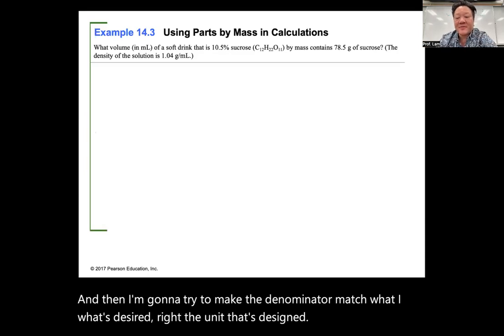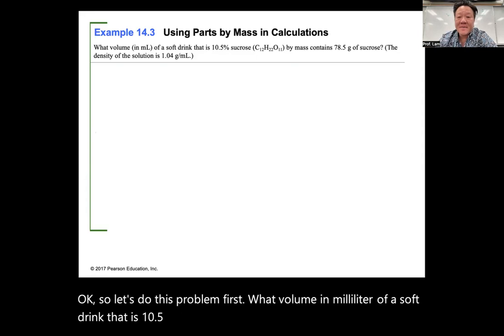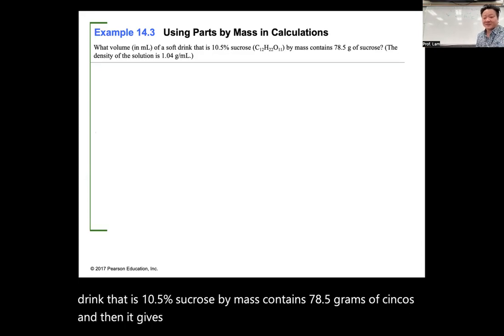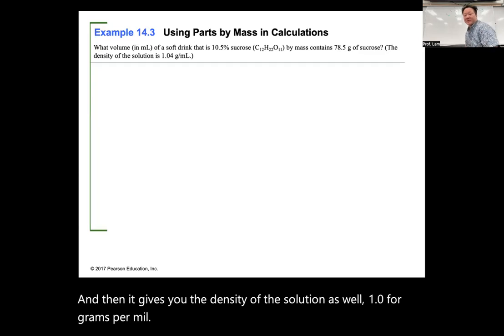Okay, so let's do this problem first. What volume in milliliter of a soft drink that is 10.5% sucrose by mass contains 78.5 grams of sucrose? And then it gives you the density of the solution as well, 1.04 grams per mil. Okay, so let me put this on the board.